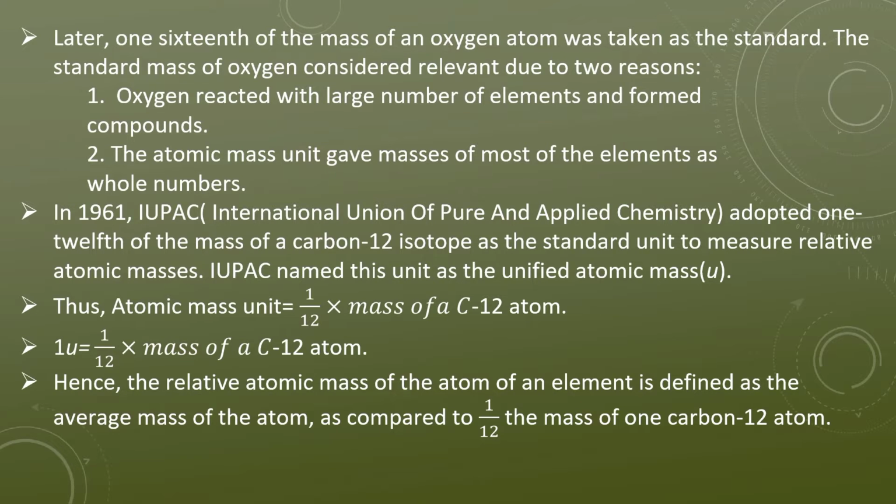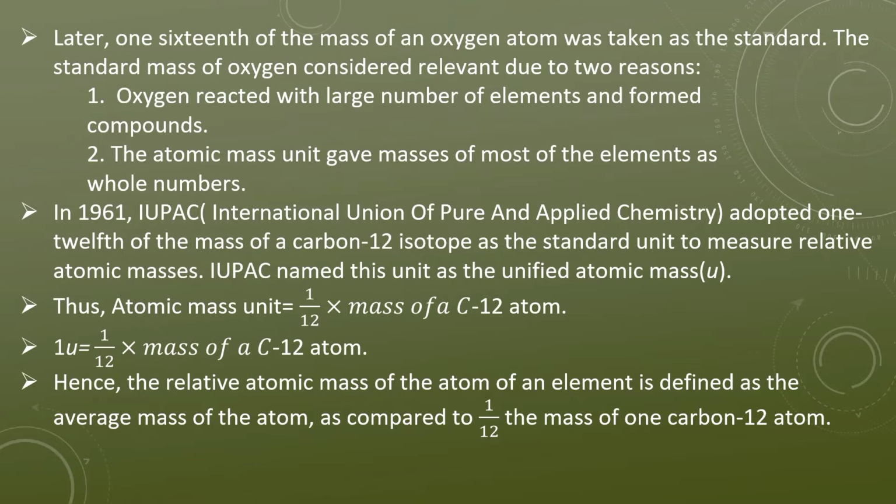When it combines with carbon, it forms carbon dioxide and carbon monoxide. And when it combines with calcium, it forms calcium oxide, magnesium oxide, sodium oxide. So oxygen reacts with a large number of elements and forms compounds. That is why it was taken as a standard.